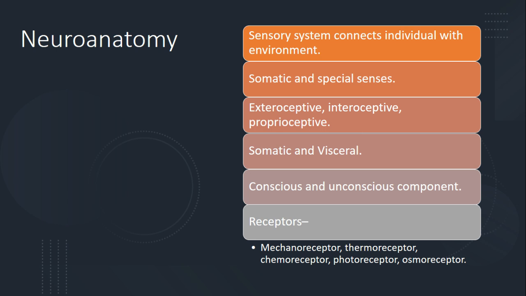But the threshold at which a stimulus can create an action potential in these receptors is different. Based on pressure and touch, that varies with the receptor type. So the threshold of activation for these receptors varies with different stimuli. And then these receptors are supplied by one nerve twig or different nerve twigs.